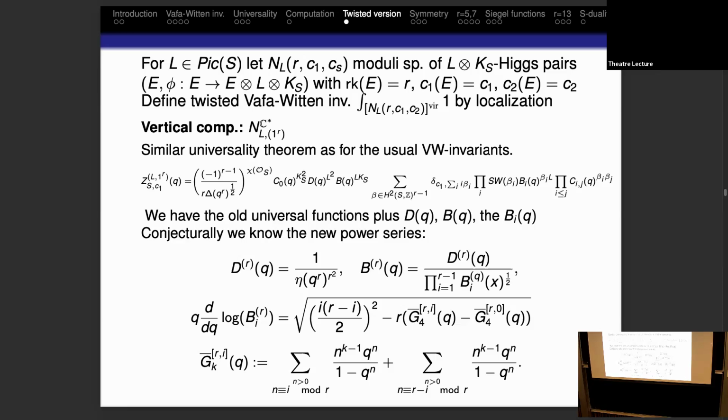And these invariants twisted by L, you can view as invariants on a Calabi-Yau fourfold, which is where one also involves this L. So in that sense, they are also new invariants from a geometric point of view.